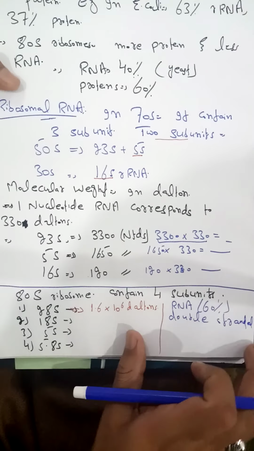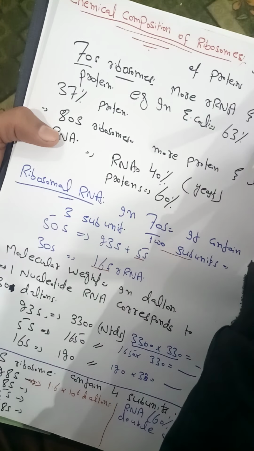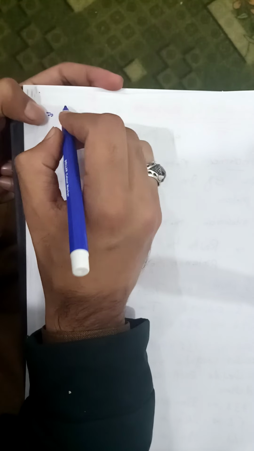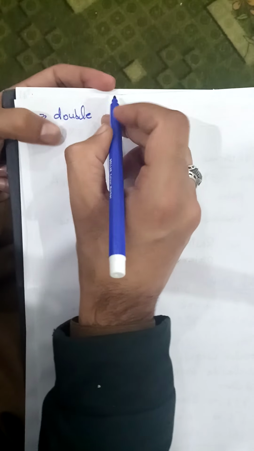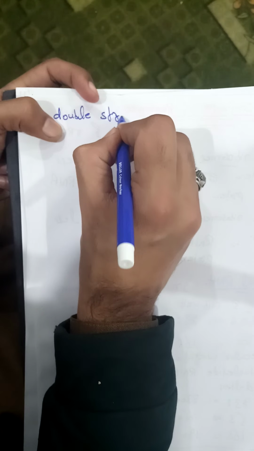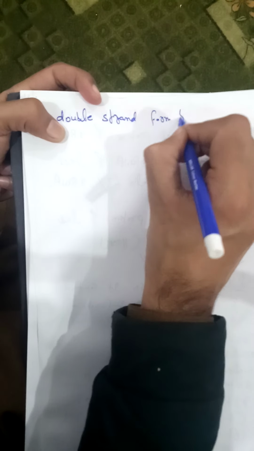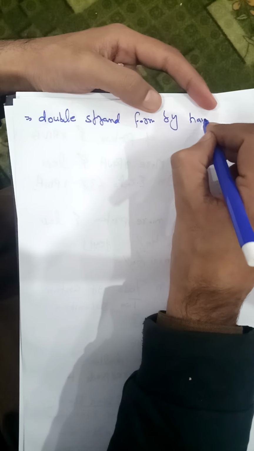Actually, RNA is single stranded, but it can also form double strands. How does it form a double strand? It forms the double strand by hairpin loops.